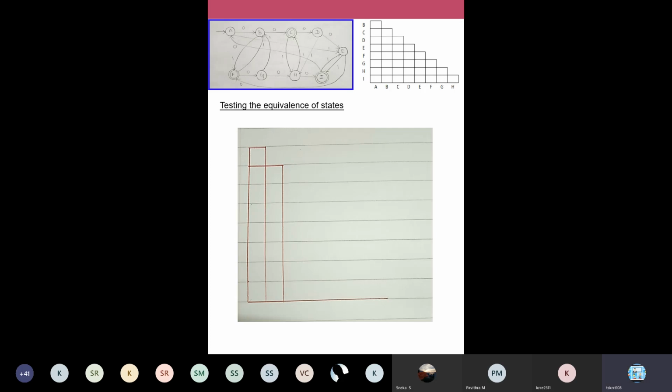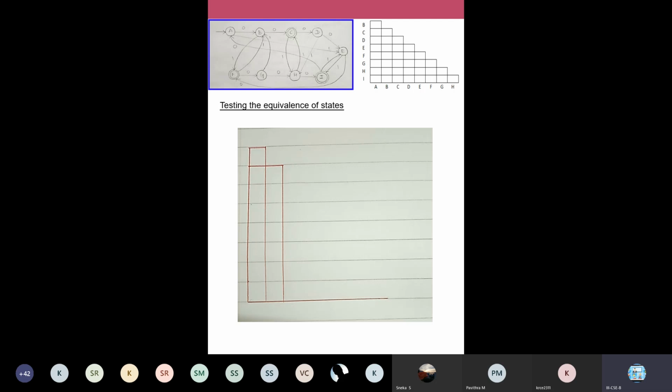Now you can draw this table like this. Since you have 9 states, you take 8 rows. Draw an L shape covering 8 rows, then draw one column here, the way you would draw a histogram.